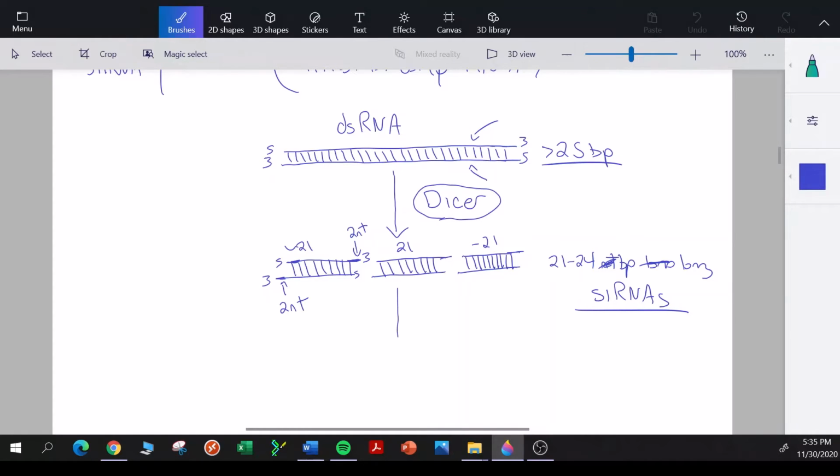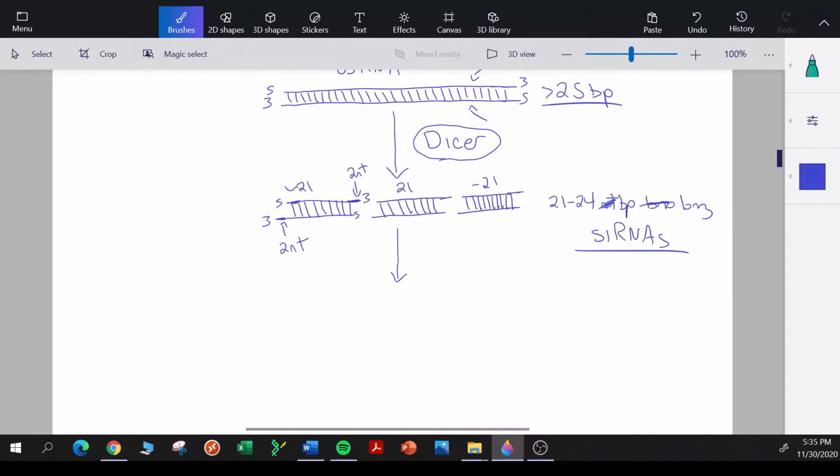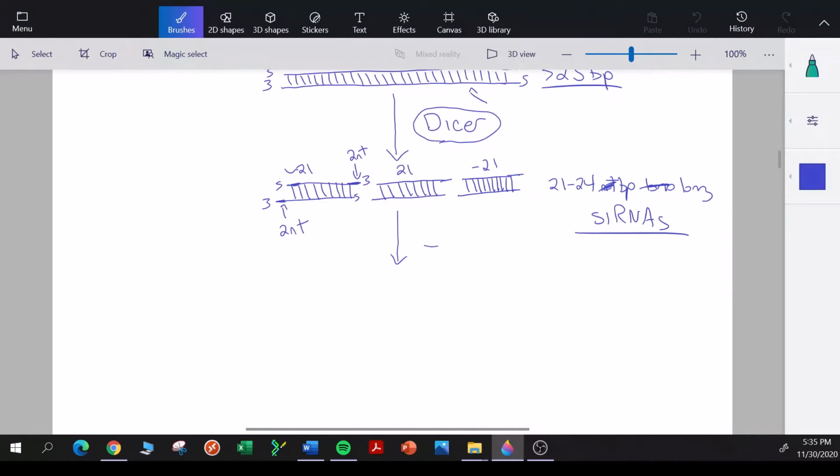Now these are used by another enzyme, actually an enzyme complex called the RISC complex. RISC stands for RNA-induced silencing complex. So a very important protein, probably the most important protein of the RISC complex, is called argonaute.